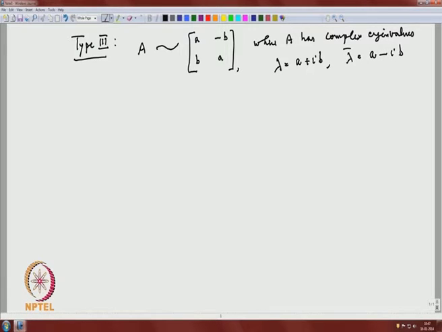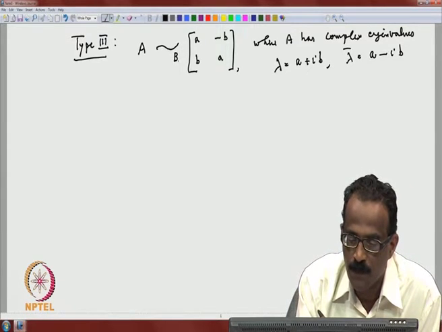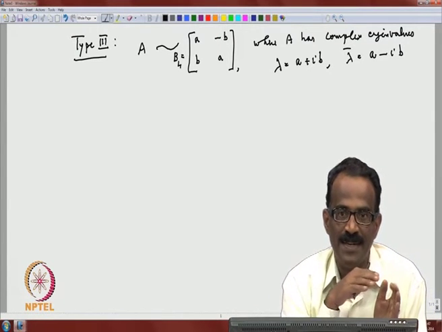So, you have two eigenvalues, and A will be linearly equivalent to this matrix, and let me call it B4.